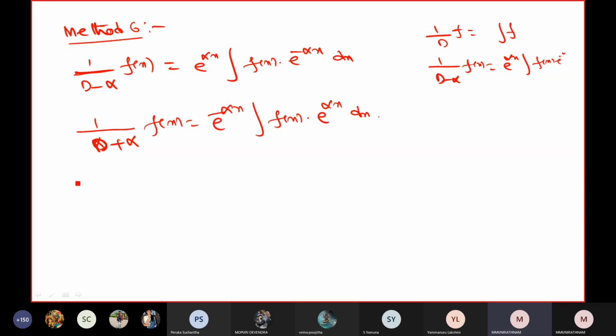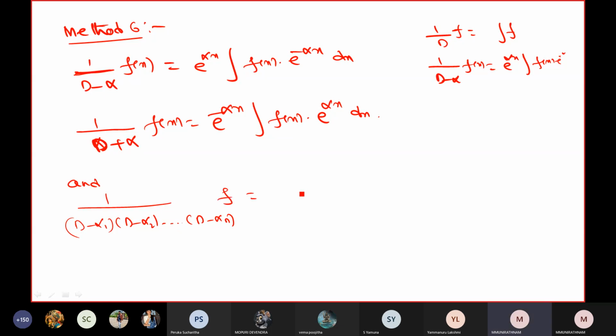suppose f of D has n linear factors, like (D minus alpha 1) into (D minus alpha 2) and so on, up to (D minus alpha n).